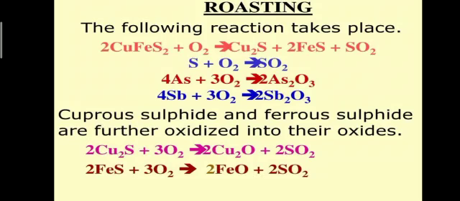Cuprous sulfide reacts with oxygen to form copper oxide plus sulfur dioxide, and ferrous sulfide reacts with oxygen to form ferrous oxide plus sulfur dioxide. You can see here that sulfides are converted to oxides.